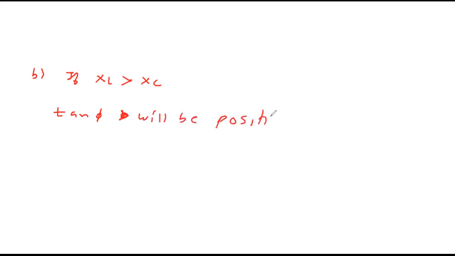Okay, second point. Let us see. If XL is greater than XC, then tan phi will be positive because XL is greater. If tan phi is positive, therefore this angle phi is also positive.